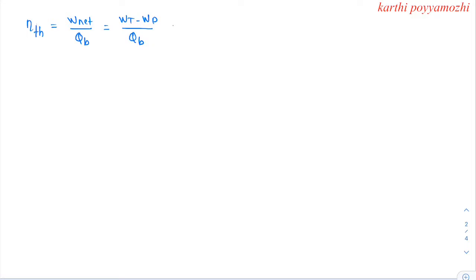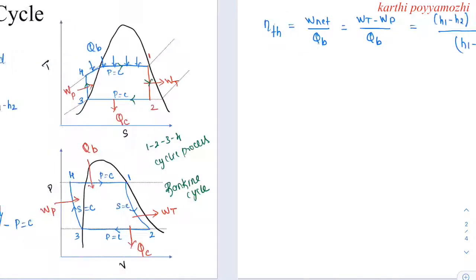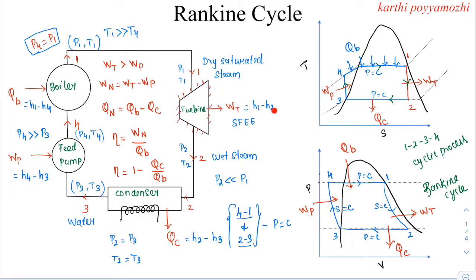We have found that Wt is equal to H1 minus H2, Wp is H4 minus H3, and QB is H1 minus H4. This Wt is taken from here, and this is Wp, the work given to the feed pump.